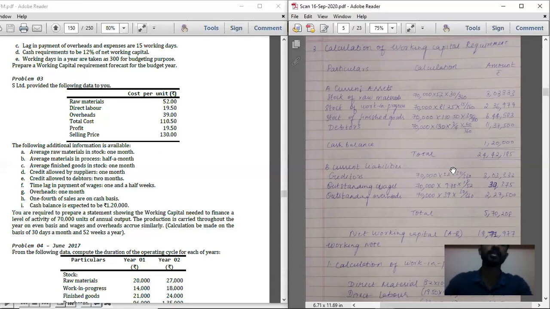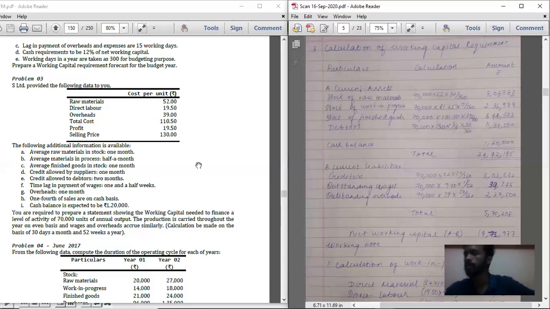Below that put debtors. The next current asset is debtors. What is the credit allowed to debtors? 2 months. So in the calculation column, put 70,000 into how much is the credit sales? 3/4 of the sales is on credit basis because 1/4 is on cash basis. So 70,000 into 3 divided by 4 into the selling price, 130, into how many months?